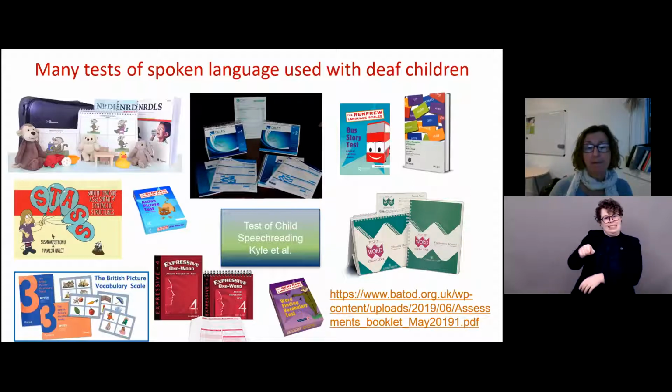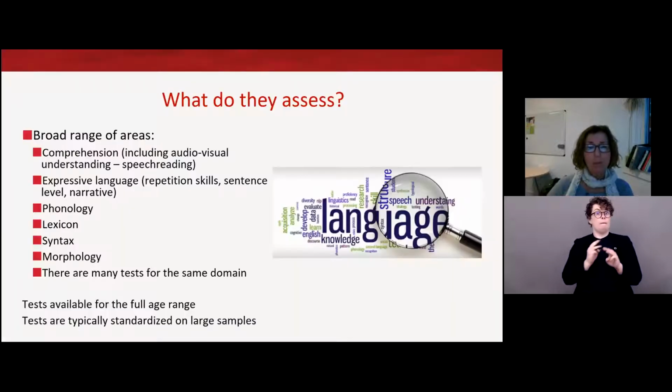These sorts of tests have value, but they also have limitations. So in terms of what we look at when we're looking at spoken language, the tests that we have available allow us to look at a massive range of areas of comprehension, of expressive language, different aspects of language, phonology, syntax, and so on.